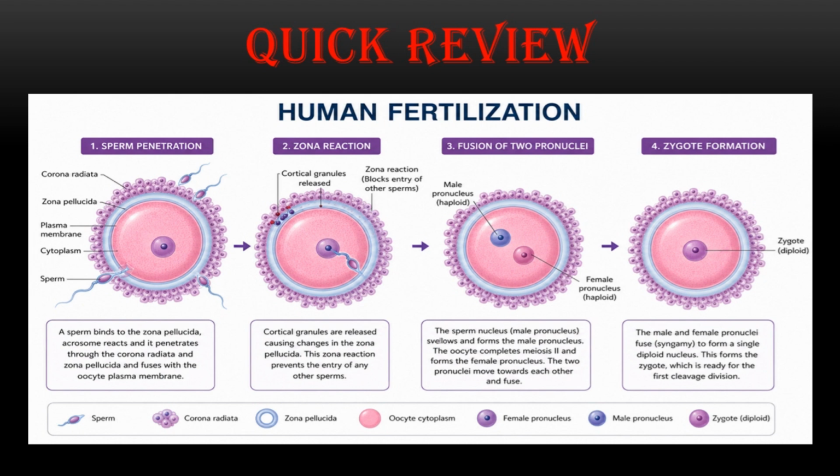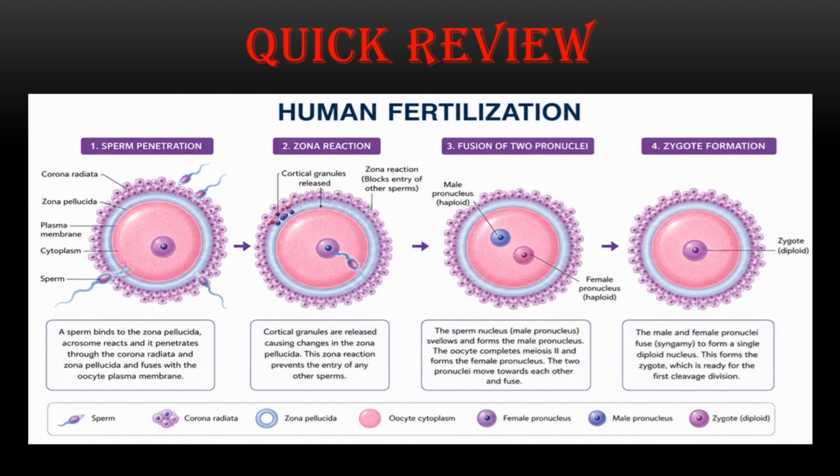Here's a quick review. We have discussed fertilization, in which the sperm enters the female reproductive tract, then moves to the fallopian tubes to fertilize the oocyte. The zona reaction occurs when the acrosome touches the zona pellucida and the sperm enters the oocyte, and the zona pellucida becomes impermeable to other sperm.